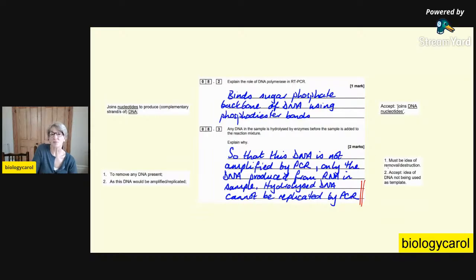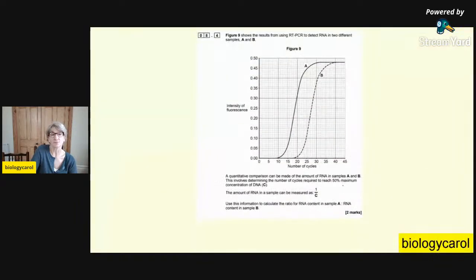I didn't talk about it being removed. I didn't talk about it being destroyed. I just said it couldn't be replicated by PCR. And I'm not sure that was enough. Therefore, I only gave myself mark point 2.